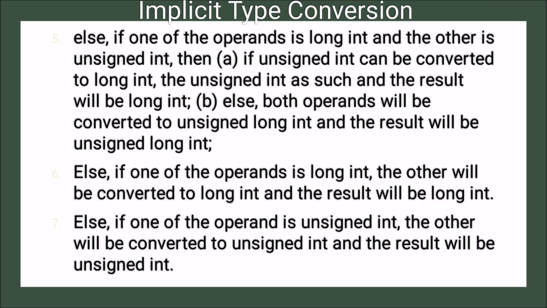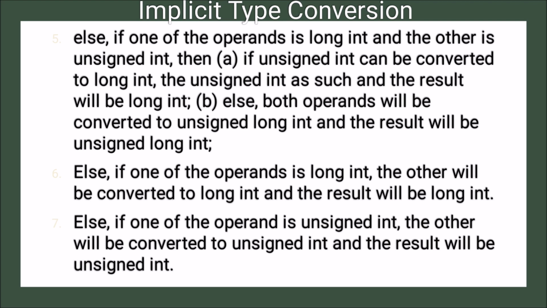The second, else part: both operands will be converted to unsigned long integer and the result will be unsigned long integer. The sixth one: else if one of the operands is long integer, the other will be converted to long integer and the result will be long integer.